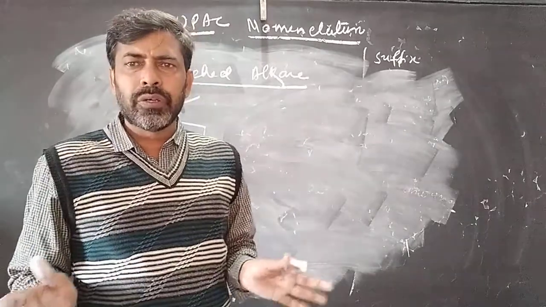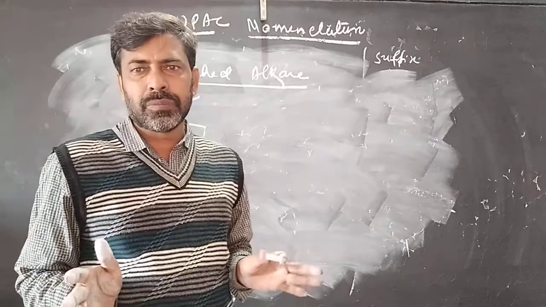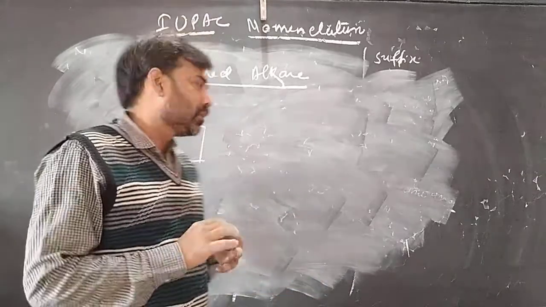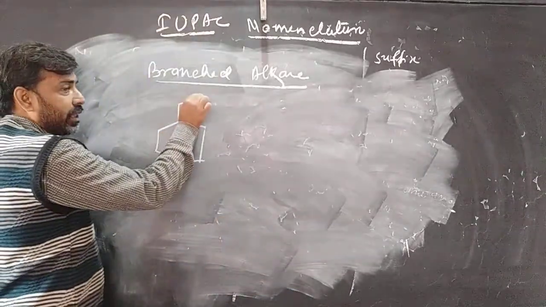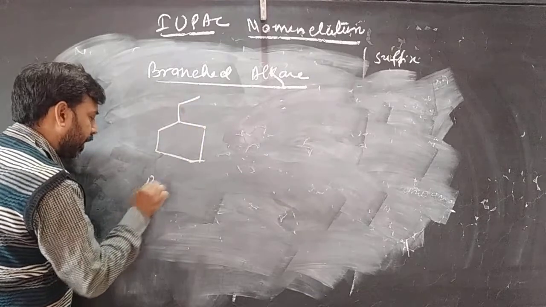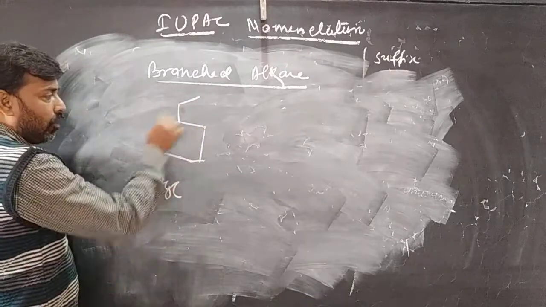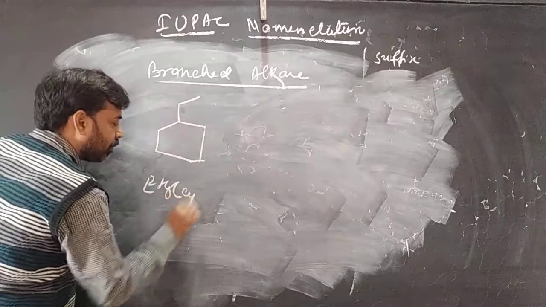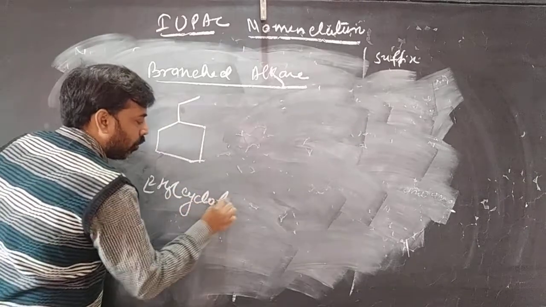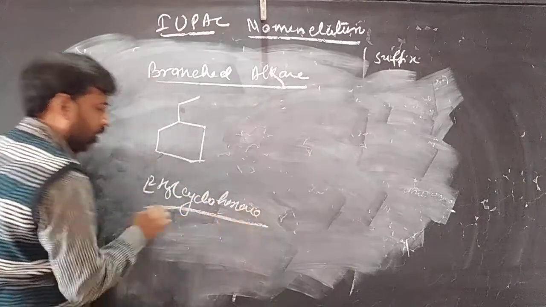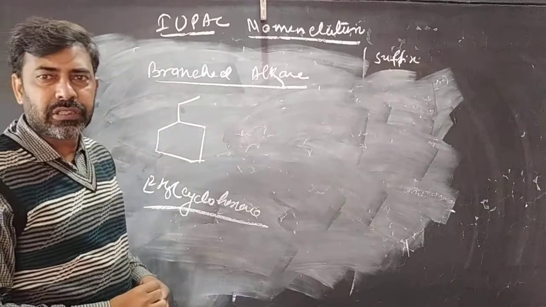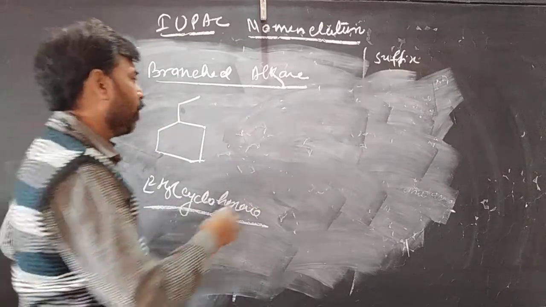So there is no need to give the position of the branch. So here this is the ethyl. Just write ethyl. And now the main chain, which is cyclic by nature, so cyclohexane. Ethylcyclohexane.